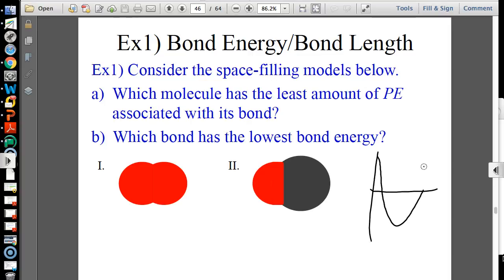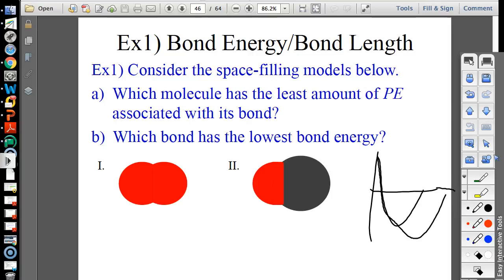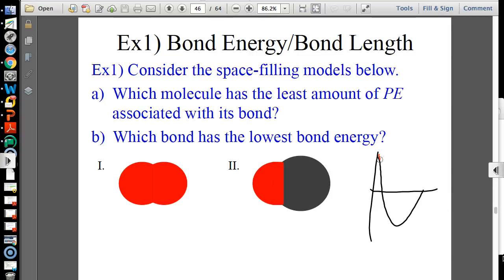So this is distance, and that's potential energy. When you're reading these graphs, the shorter the distance, the least amount of potential energy. So you're right, that one is correct, but can you come back behind her and explain why, Kat?